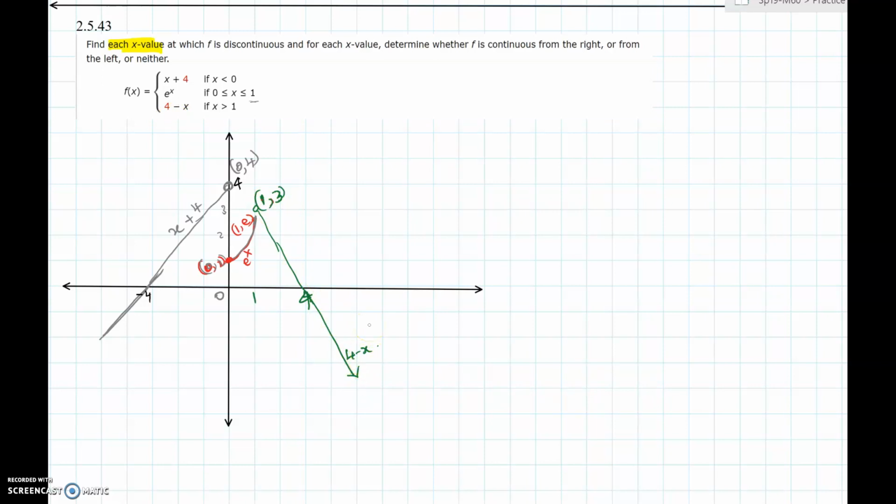Now we have to see where this function is discontinuous, and also where it is continuous from the right or left. First we notice that f of x is a linear equation, which is a polynomial, in the interval negative infinity to 0, and it is again a polynomial, a linear equation, in the interval 1 through infinity. So the first piece is a linear polynomial, continuous.